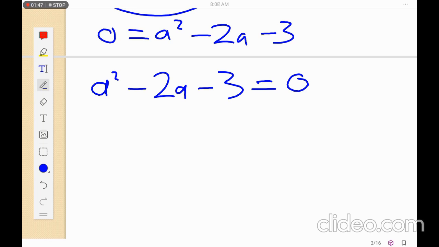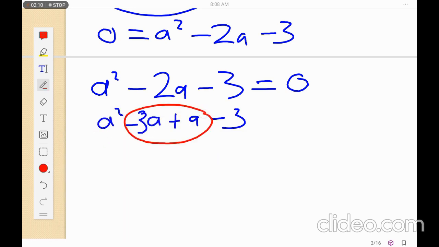I can have this as a squared minus 3a plus a minus 3, such that when I add these two, I'll get minus 2, and if I multiply them, I'll get minus 3. So I can now have a times a minus 3, then plus 1 times a minus 3.